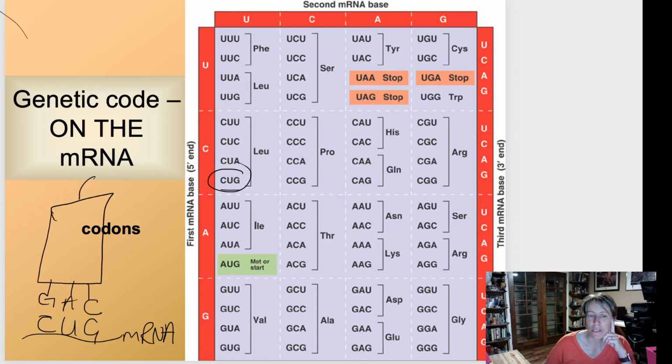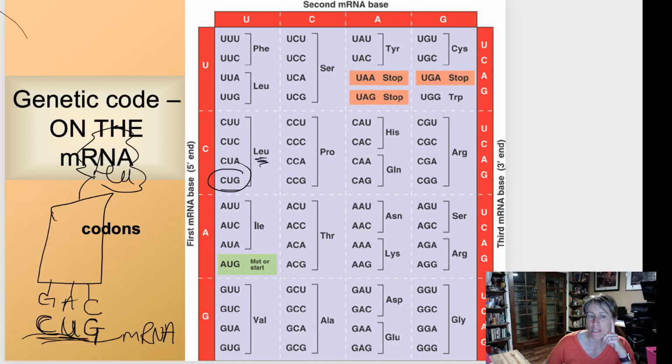And if we look CUG up in the genetic code, CUG is the amino acid leucine. So up here on the top would be LEU, the amino acid leucine.